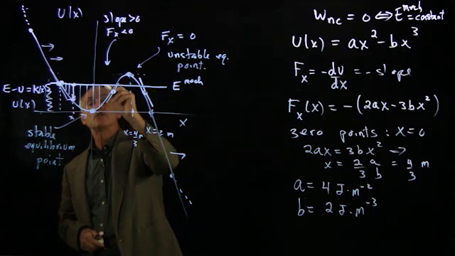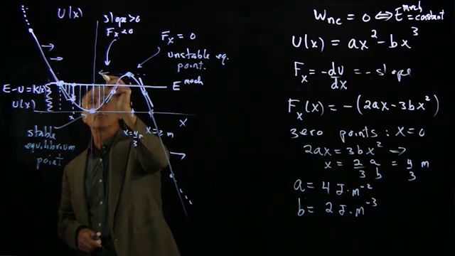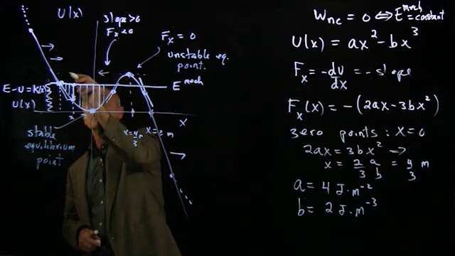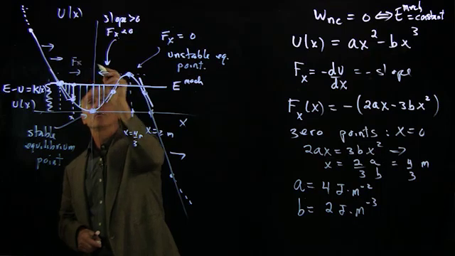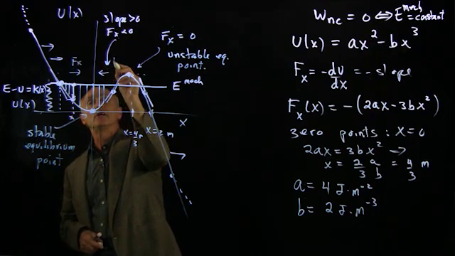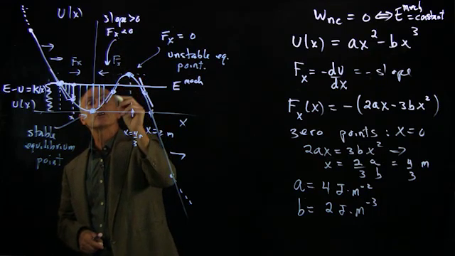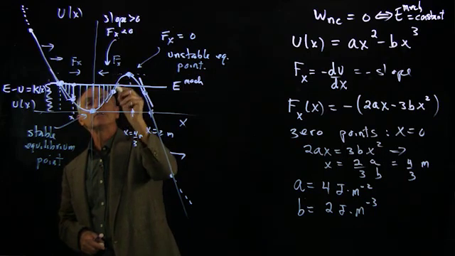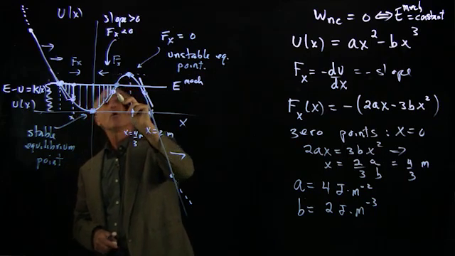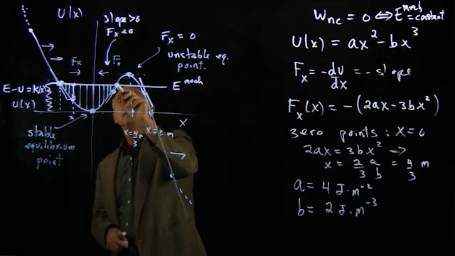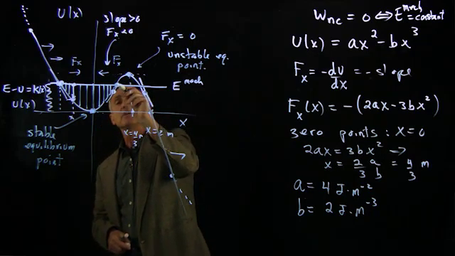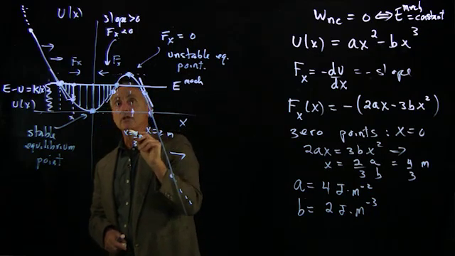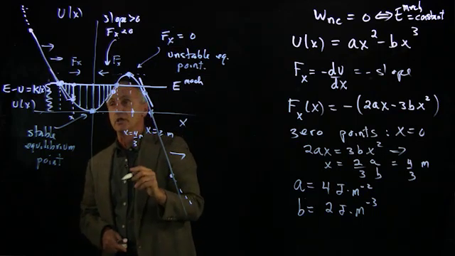Now the kinetic energy decreases because, remember, it's now going against the force. This side, the force was pointing in that direction. Here, it was in the other direction. And until we finally get to this point where, again, the energy of the system is equal to all potential energy, and so there is no kinetic energy.